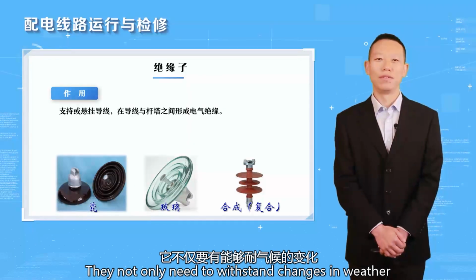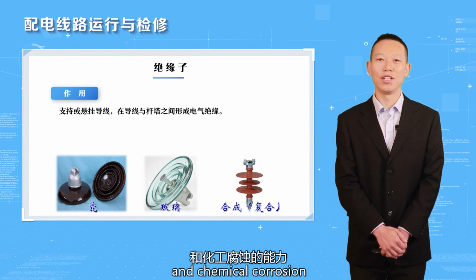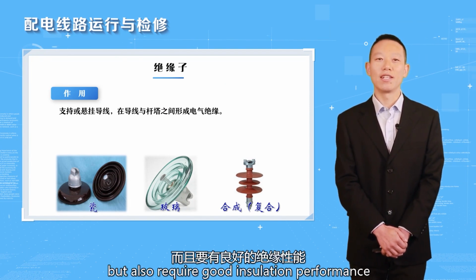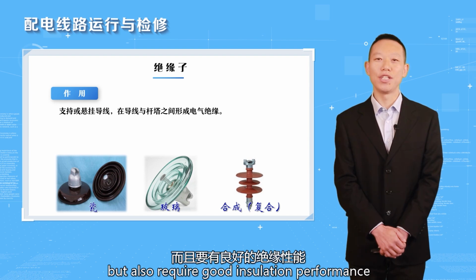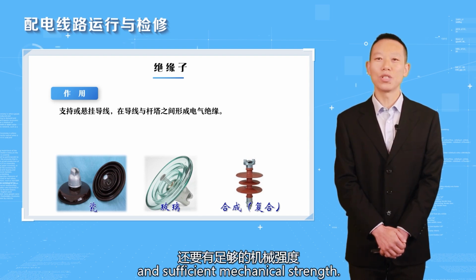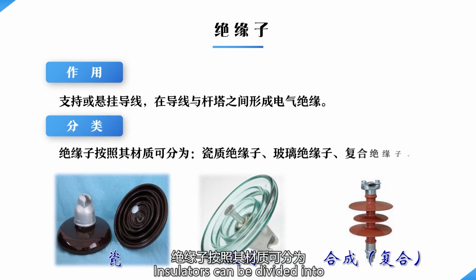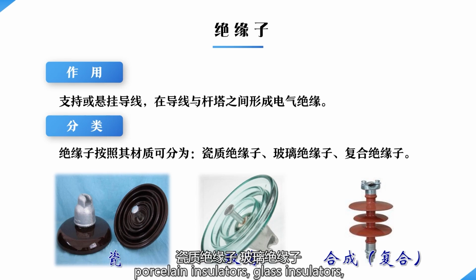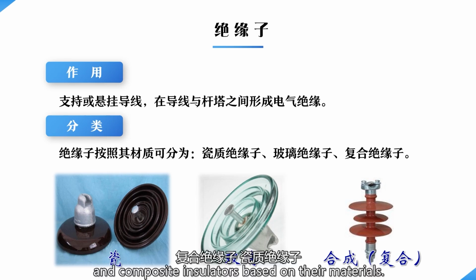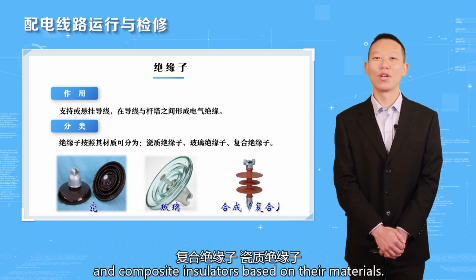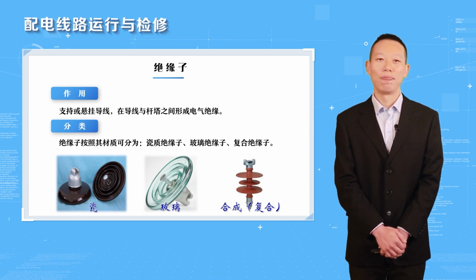They not only need to withstand changes in weather and chemical corrosion, but also require good insulation performance and sufficient mechanical strength. Insulators can be divided into porcelain insulators, glass insulators, and composite insulators based on their materials.